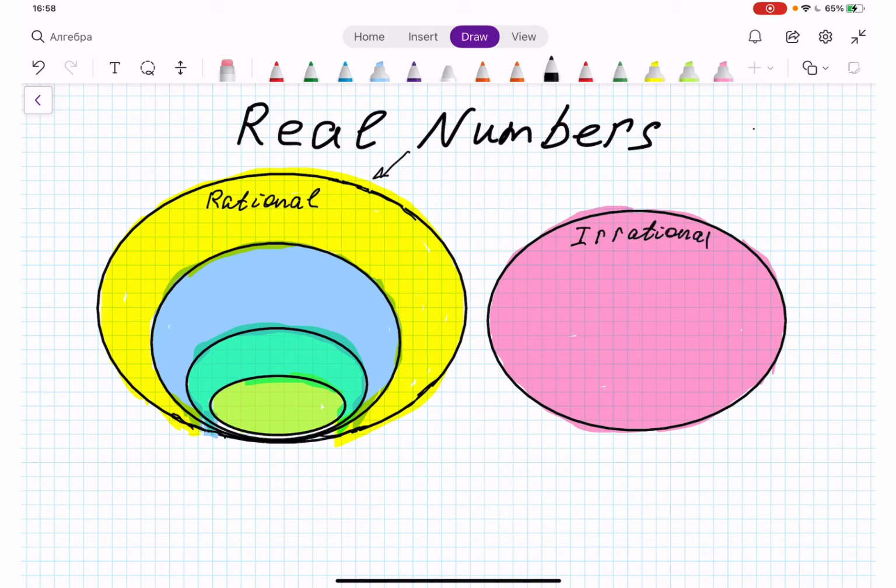Rational numbers are the numbers you can represent in the form of fractions. So let's say 4/5, or negative 4.55.